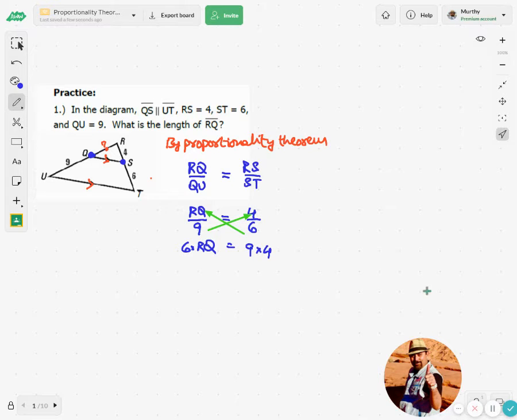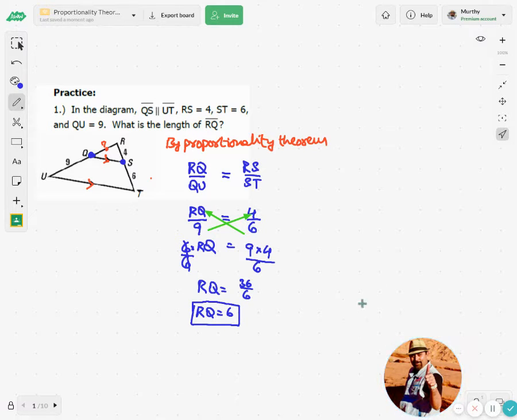Okay, I'll explain now how to get the value of RQ. Let's see whether the answer is correct or not. To isolate RQ, I use the inverse operation, which is division by 6 on both sides. So 6 and 6 get cancelled. RQ equals 9 times 4 over 6, which gives me 36 over 6. The value of RQ equals 6 units. Simple.